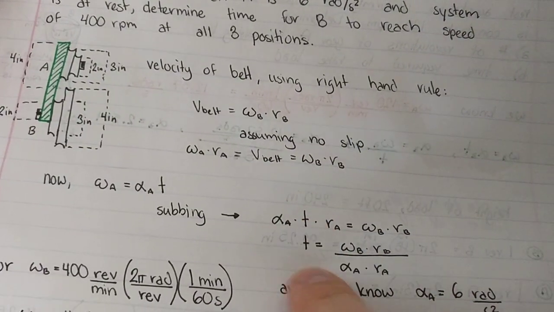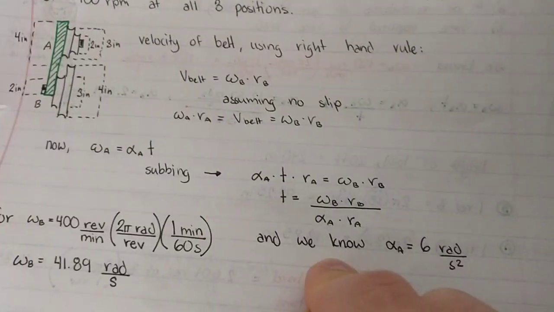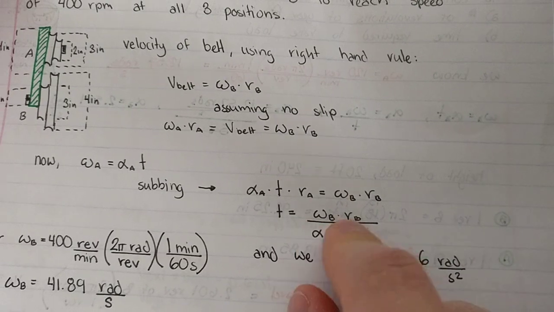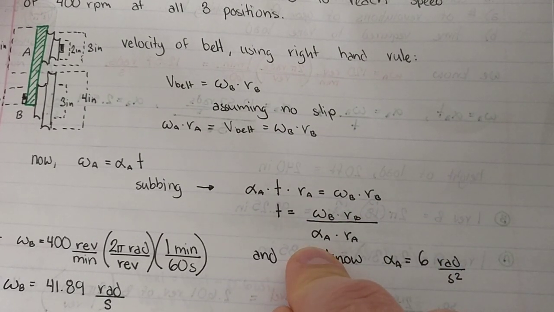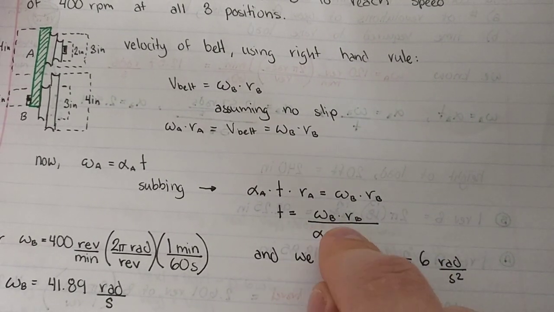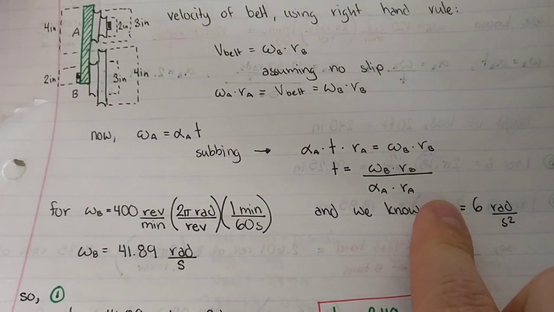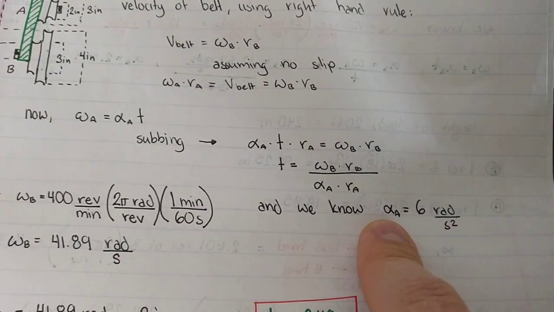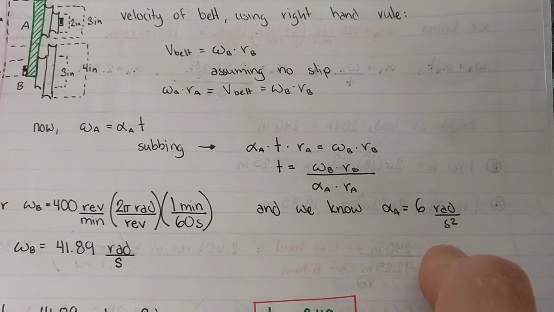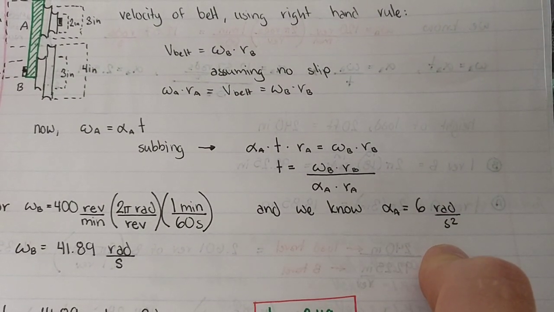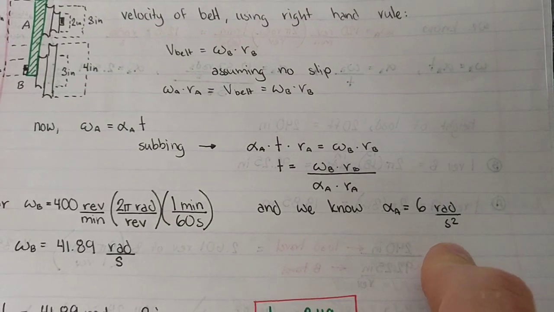And rearranging for t, for time, we have the angular velocity of B times the radius of B over the angular acceleration of A times the radius of A. We know that the angular acceleration is 6 radians per second squared, and we're assuming it's constant.